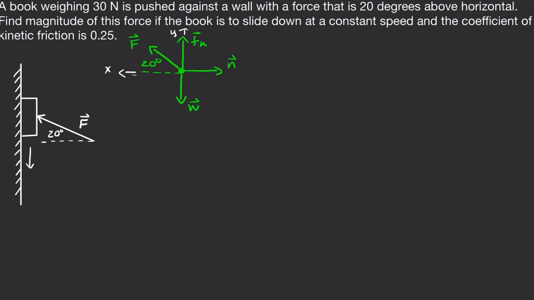Okay. So if I begin summing up the forces in x, I have a positive applied force, I'll just call that force F, minus the normal force, which is to the right, or in this case in my negative x direction. Set that equal to mass times acceleration, and the book's not moving left or right, it's only sliding down, so the acceleration is 0.